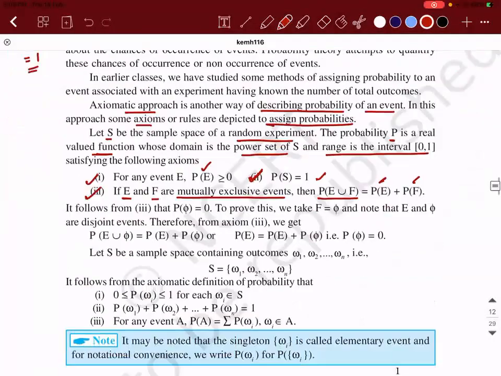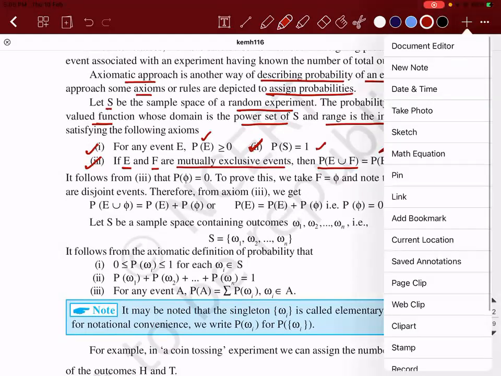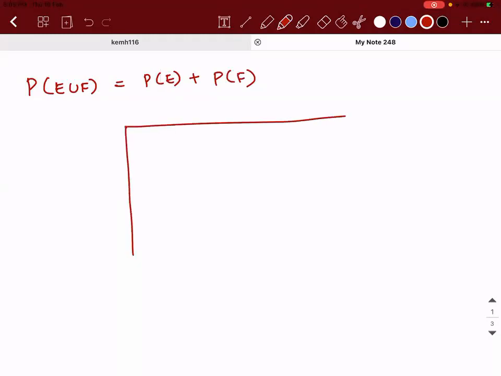Yes, sir. So the third one is the most important one. If E and F are mutually exclusive events, then what are they trying to say? The probability of E union F is equal to the probability of E plus the probability of F. See, let me take this example.